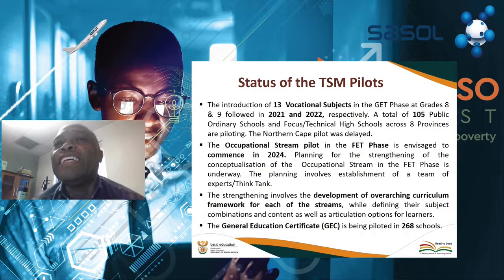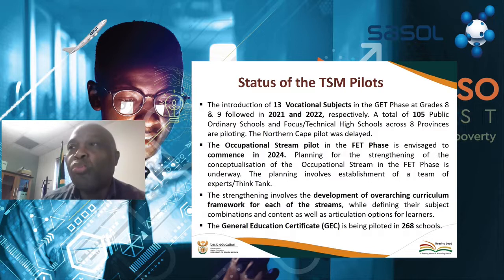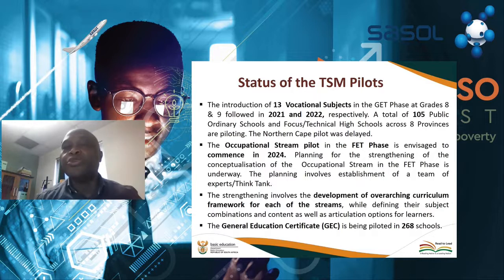The GEC was provisionally approved by Umalusi in March of 2021 with certain recommendations, and we have met about 4 of the recommendations from Umalusi. We are about to finalize the GEC and then resubmit it back to Umalusi for approval in terms of how we have taken care of the recommendations to strengthen the policy on the GEC.